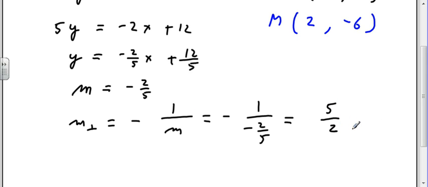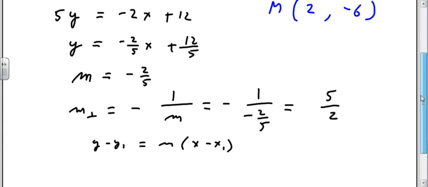Okay, now I know the slope of the curve I'm looking for. I know the point I want it to go through. So I look in the front of the book and I find the point slope formula. If I don't remember what it is, it's y minus y1 is equal to slope times x minus x1. All right, so I know all that.